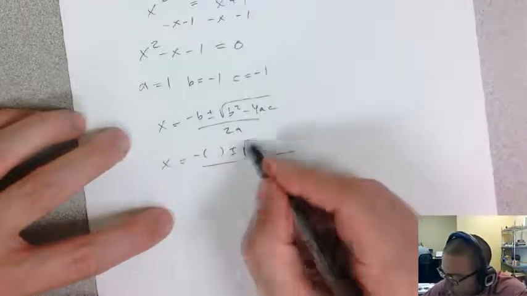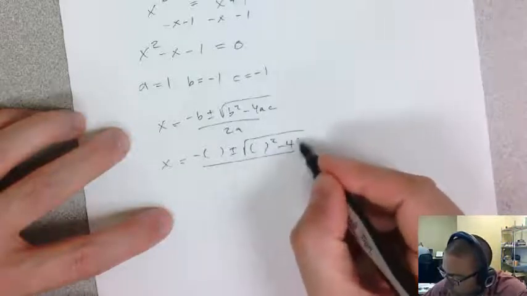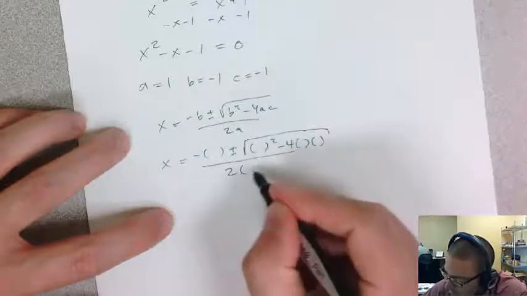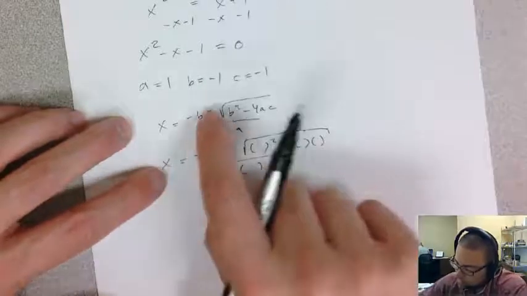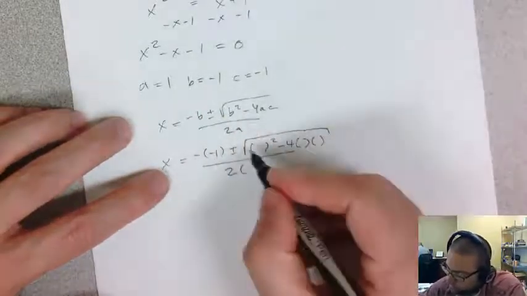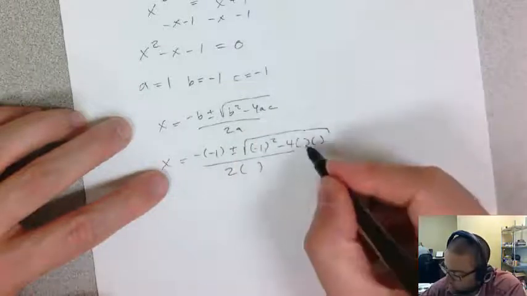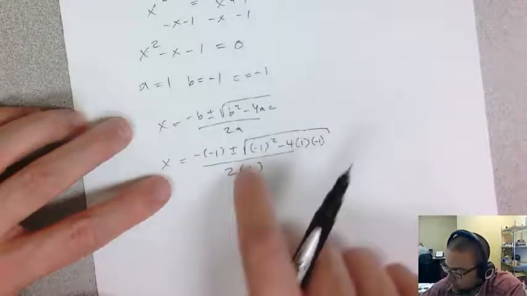And I recommend that you do that as well, that you put placeholders in first and then fill them in. So 4a times c over 2 times a. Okay. So I'm going to fill in all these gaps. So negative b is negative negative 1. b squared is negative 1 squared. 4ac is 1 and negative 1. And a is 1 down here, 2a.